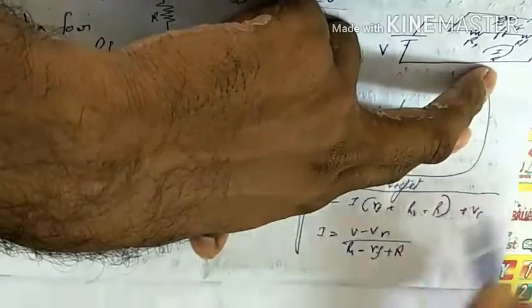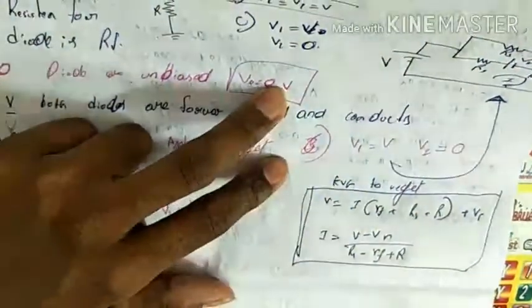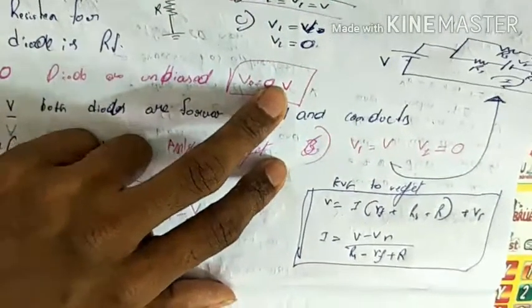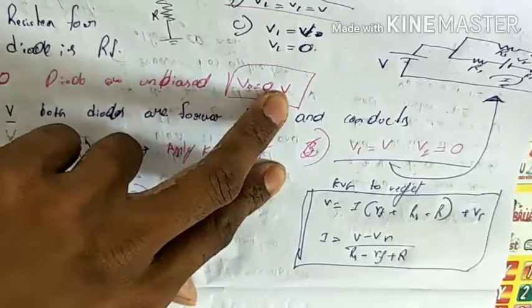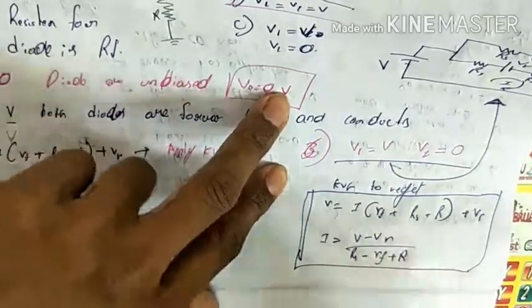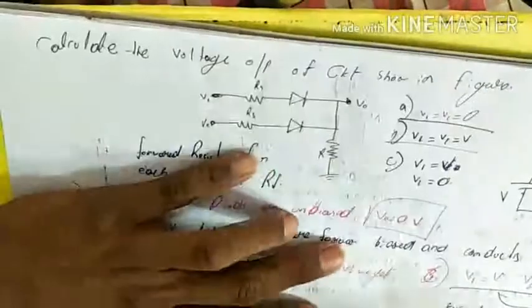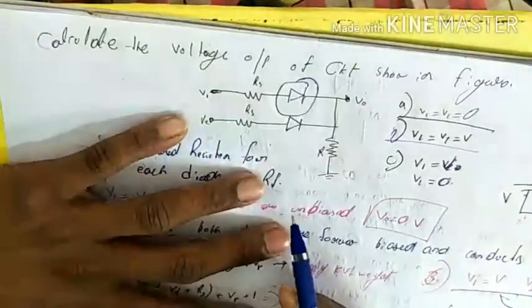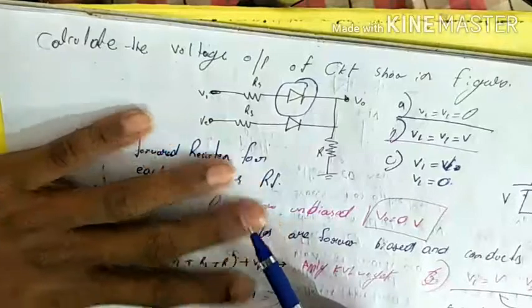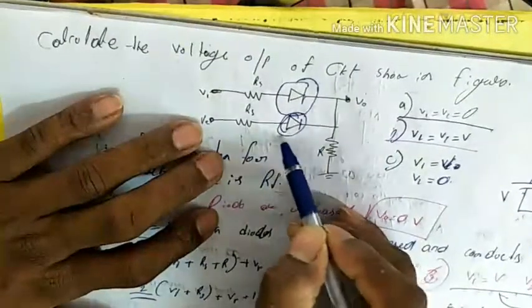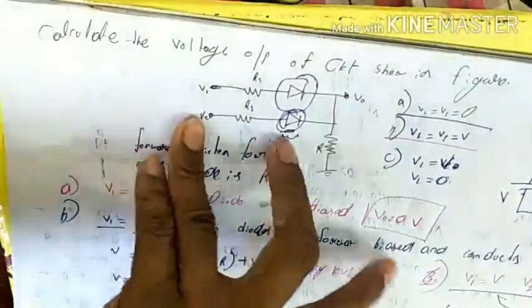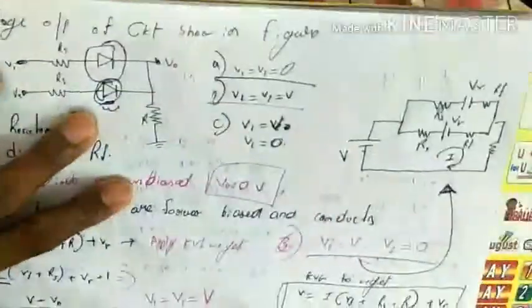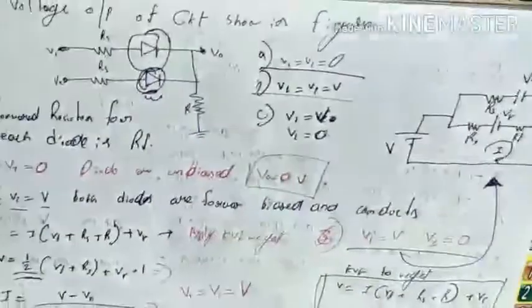These are the voltage and current equations for V1 equals V and V2 equals 0. In this condition, the upper diode is forward biased and the lower diode is unbiased. For this, the resultant circuit is this one. Thank you, friends.